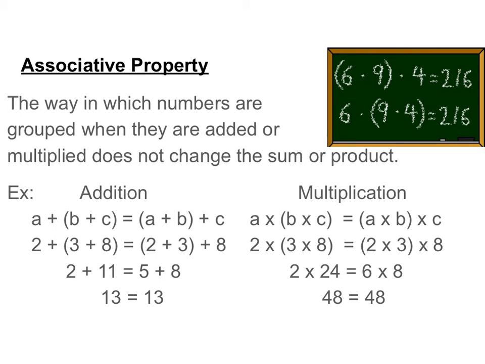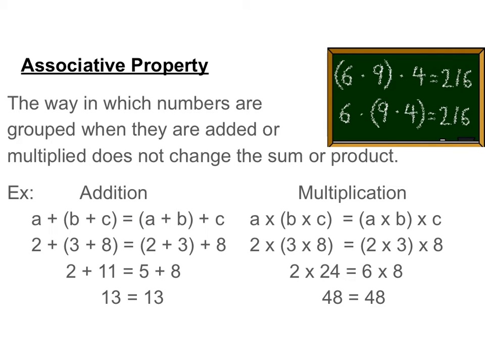Okay, it does not change the answer if you're multiplying or adding. So this is the associative property of addition. This is the associative property of multiplication. So A plus B plus C, you have the parentheses around B plus C. It's the same thing if you put the parentheses around A plus B.